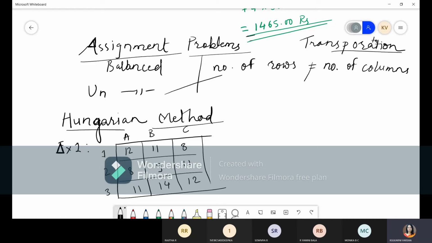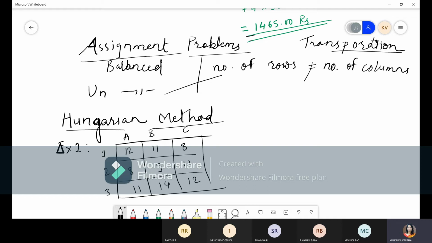Same with job 2: on machine A, 8 hours, on machine B, 9 hours, on machine C, 11 hours. Job 3: machine A 11 hours, machine B 14 hours, machine C 12 hours. This is what the matrix indicates.